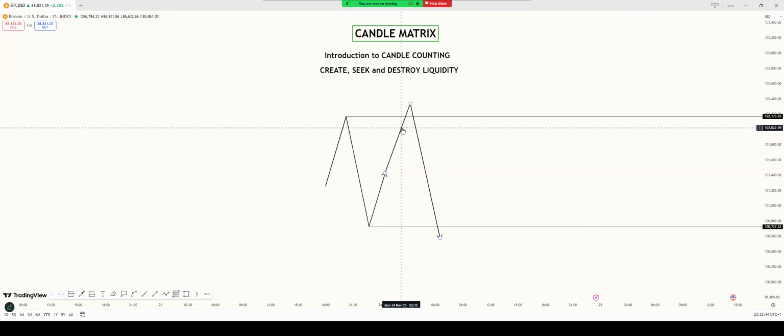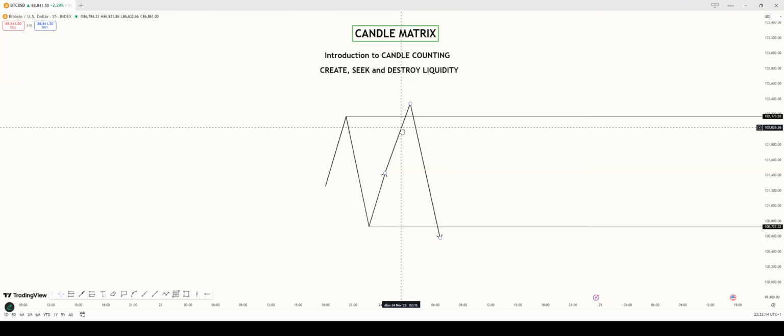Some use candlestick ranges and stuff like that. And there is no right or wrong way of identifying ranges. As long as it is effective, then you are correct.